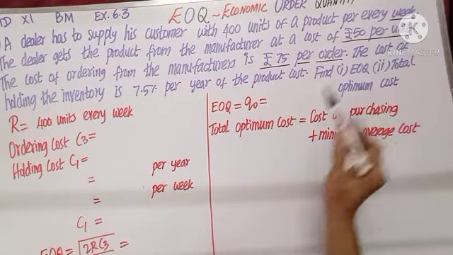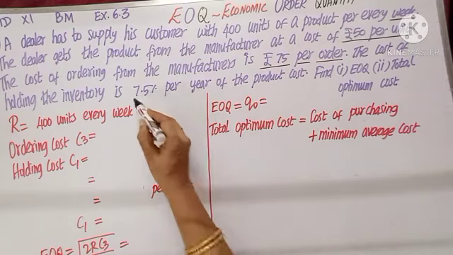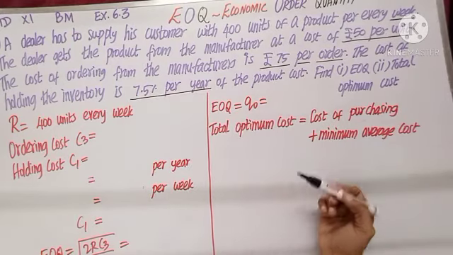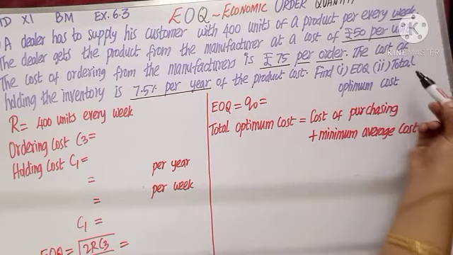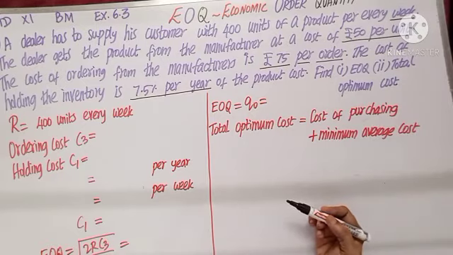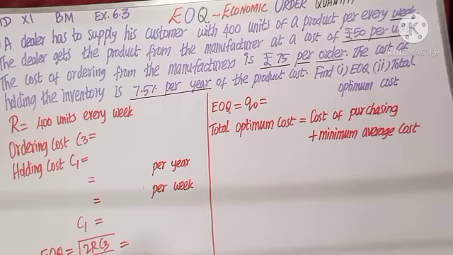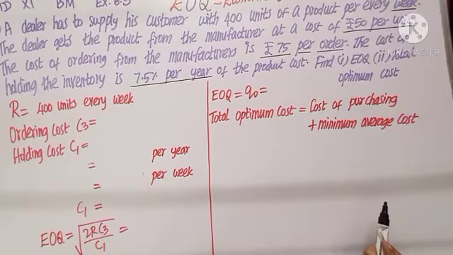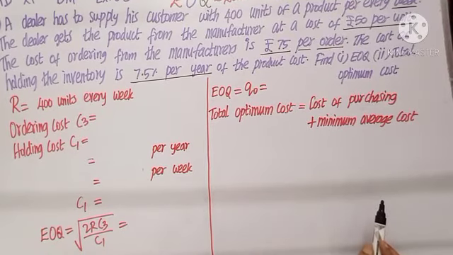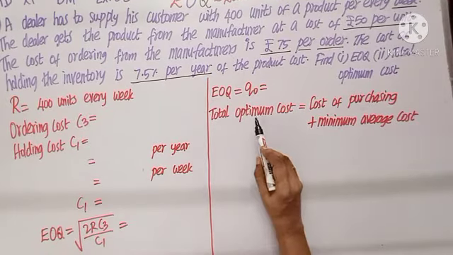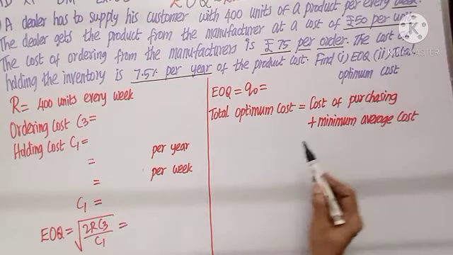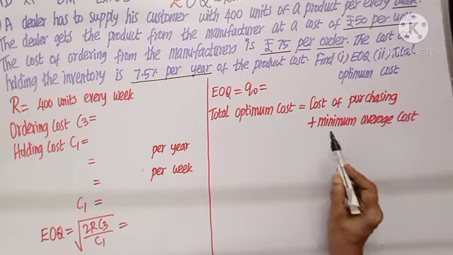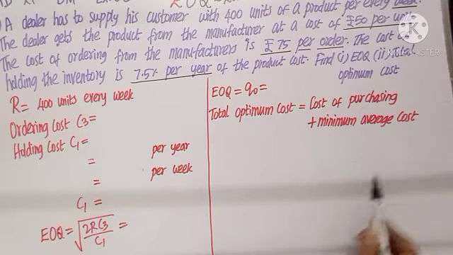The cost of holding the inventory is 7.5% per year of the product cost. Find EOQ and total optimum cost. We know EOQ is square root of 2R C3 by C1, and total optimum cost is the second subdivision. What does it mean? Cost of purchasing plus minimum average cost.